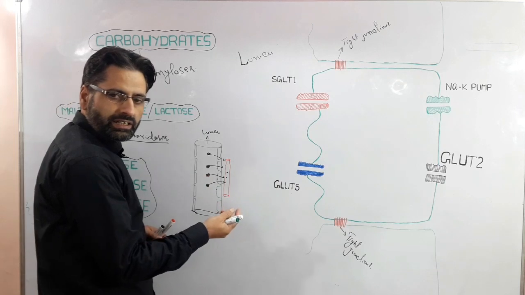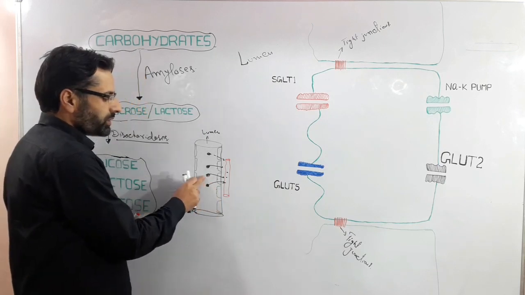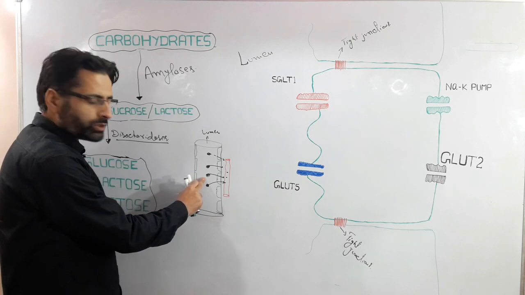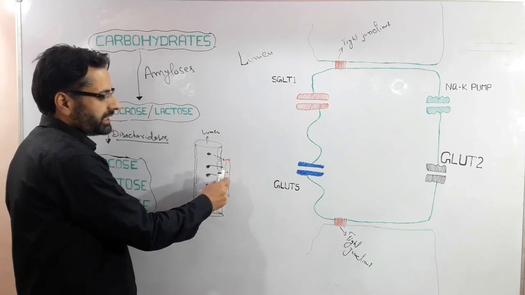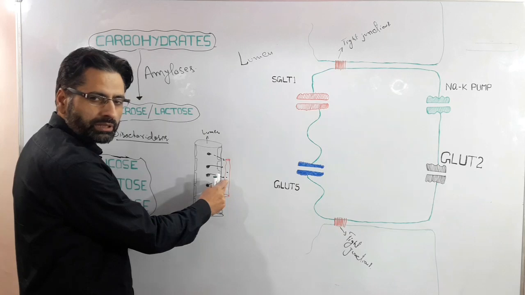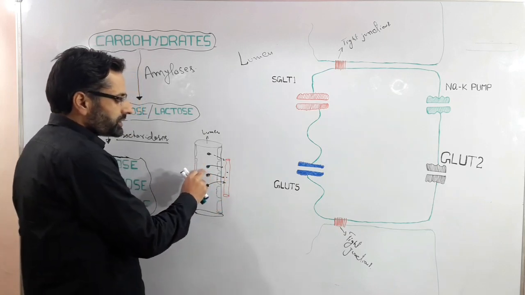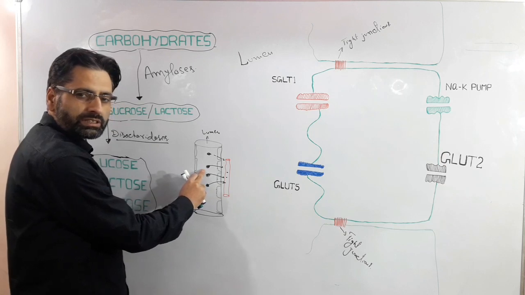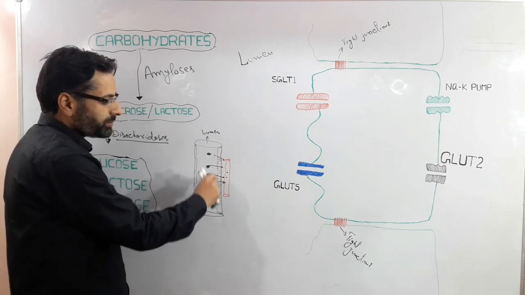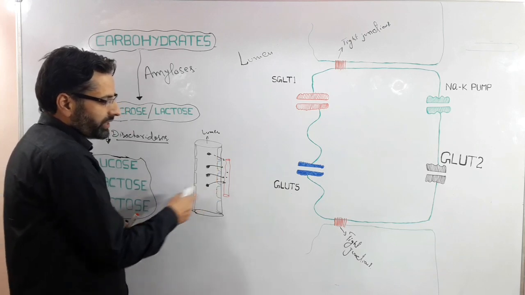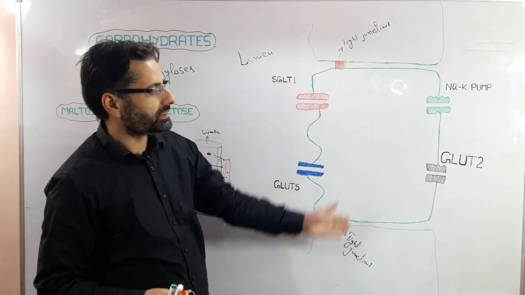As I said earlier, this absorption involves the movement of these diffusible simple molecules through the wall of the intestine and enter into the blood of these capillaries. Now, how do these simple diffusible molecules cross this wall of this intestine? As I said, on this wall we have these cells.